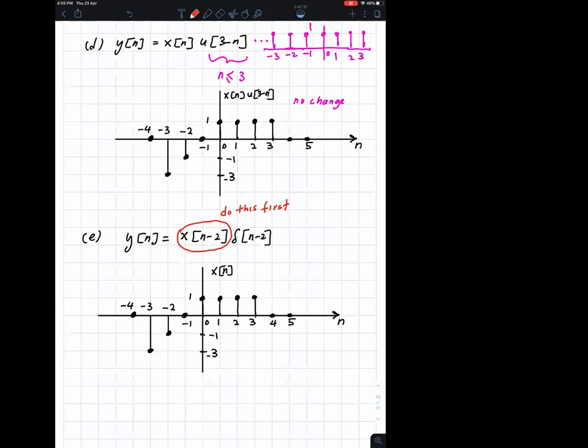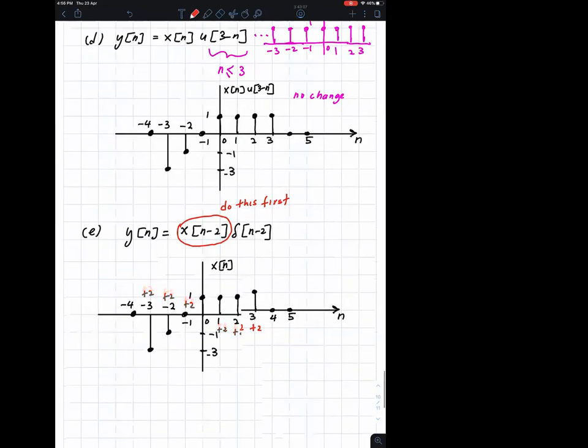First, we time shift by 2. When you time shift by 2, everything is going to be shifted, for example, you're going to be adding 2 to all. Okay, this is adding to the time, not to the amplitude. Adding to the time. Plus 2, plus 2, plus 2.